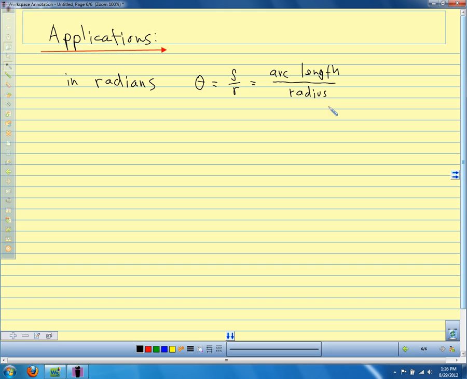So we can say, if we're working in radians, that the arc length S is R times theta. So our arc length, we can figure out if we know our radius and we know what angle we've rotated through, how long that piece of the circle is that we rotated through. Now it's important to remember, this only works in radians. Only with radians. Does not work with degrees.